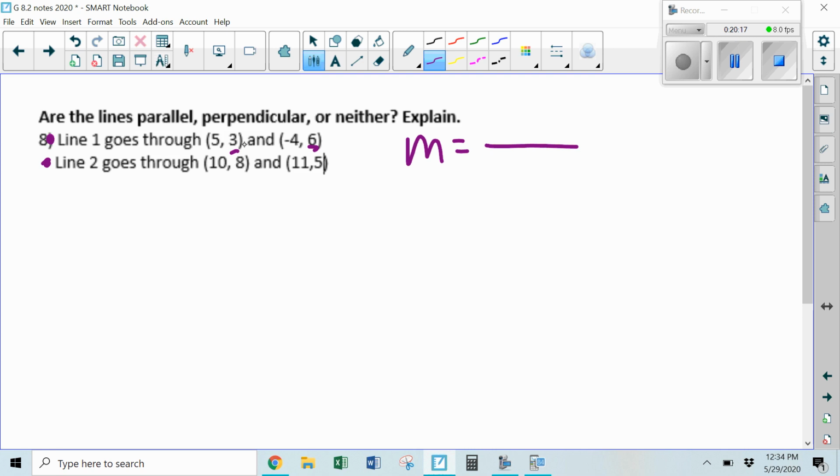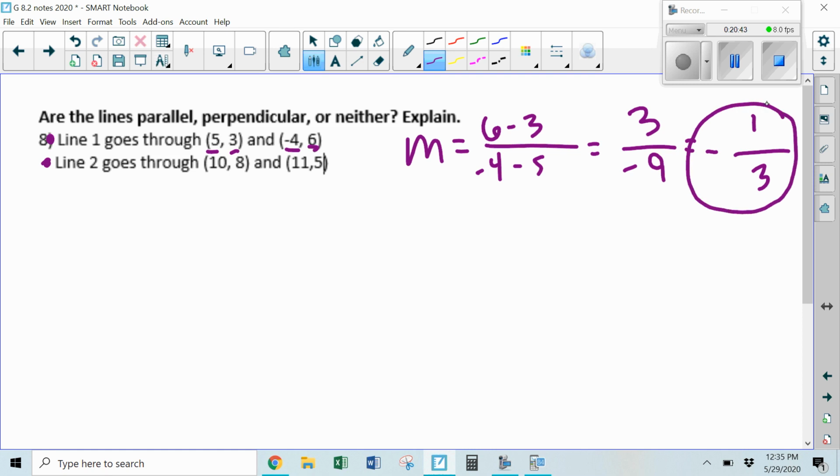Y minus y over x minus x. That simplifies. That simplifies also. I like to keep the negative out in front. You can leave it in the denominator. Divide both by 3.